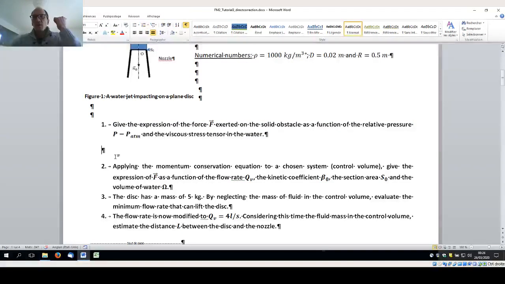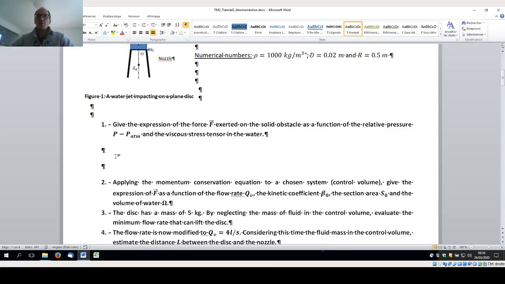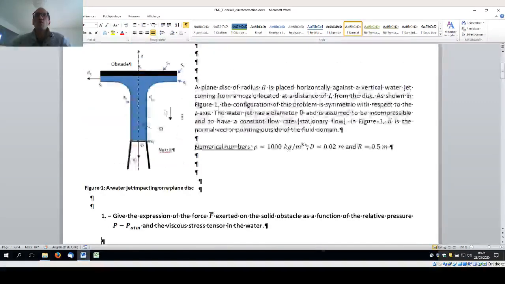In fluid mechanics, it's usually possible to express the force exerted on the solid obstacle with those two pieces of information. So what I'm awaiting is for you to express the force exerted on the total obstacle, due to the force induced by water and also by air.